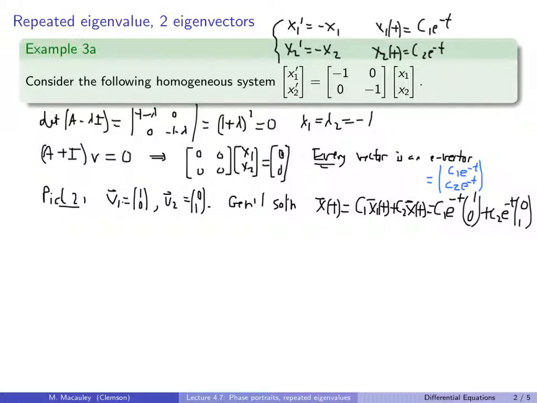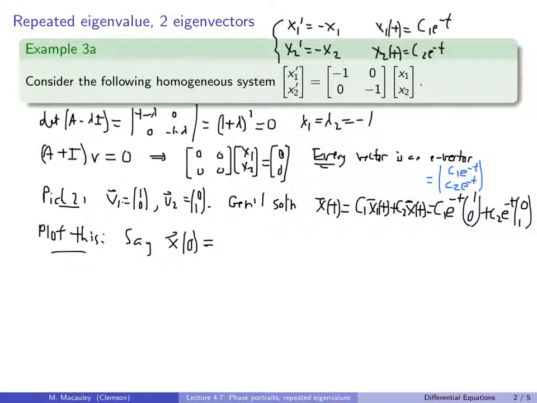Okay, so let's plot this. Let's do the phase portrait. If you plug in 0 here, x of 0, you get c1, c2.